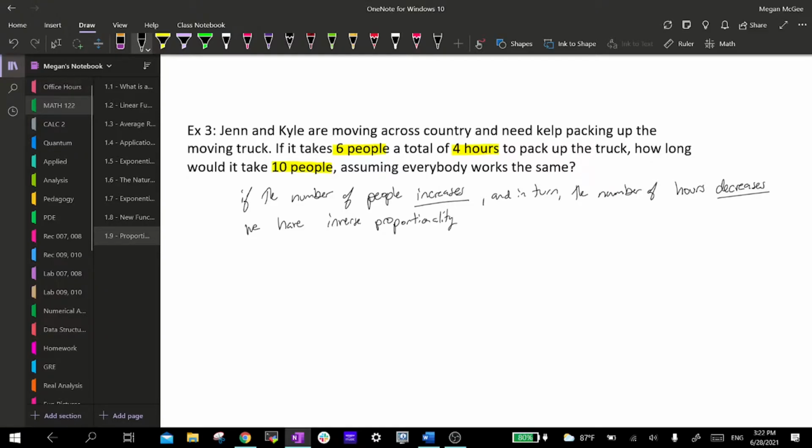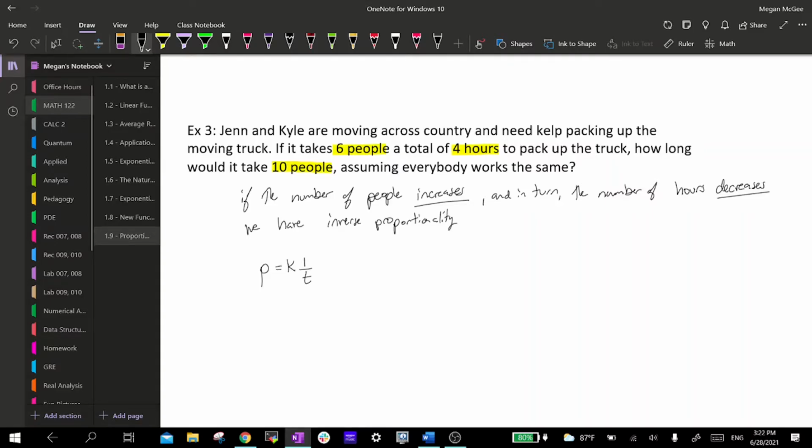So our formula is going to look a little different than the last two examples. We have the number of people, which we said is inversely proportional to the time. We still have k as our proportionality constant, but now it's proportional to the reciprocal of time.